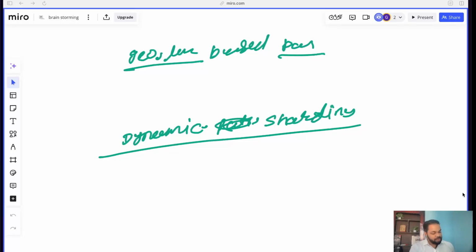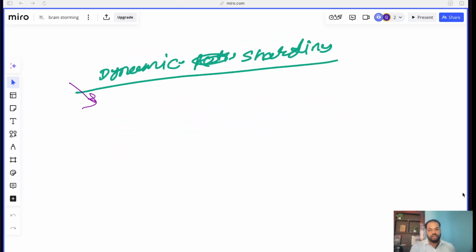It's pretty cool. If you have varying traffic, or you want to be fault tolerant for sudden spikes, in all those cases, dynamic sharding is good.